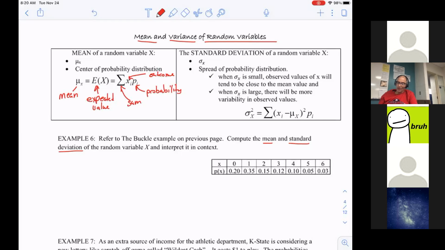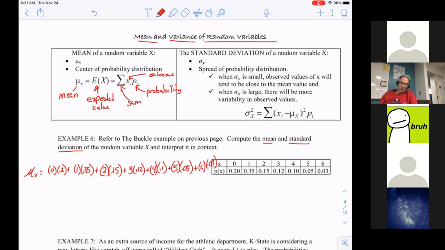So we can see that if we want to find the mean of this distribution, the mean of x, it is going to be the product of 0 times 0.2 plus 1 times 0.35 plus 2 times 0.15 plus 3 times 0.12 plus 4 times 0.1 plus 5 times 0.05 plus 6 times 0.03.